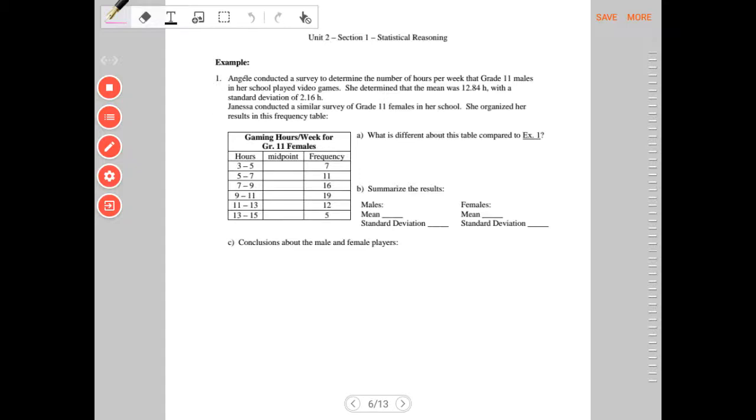Okay, so example 1 had raw scores for each person. This question uses a frequency table.